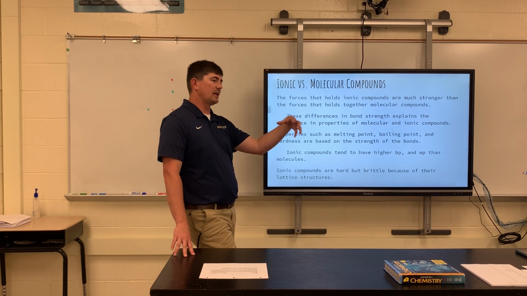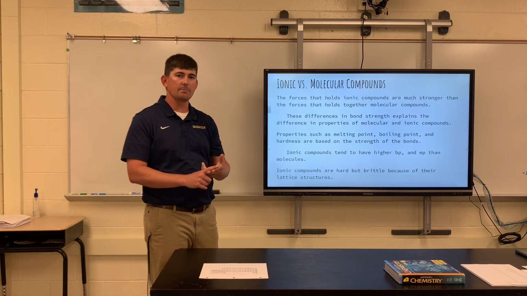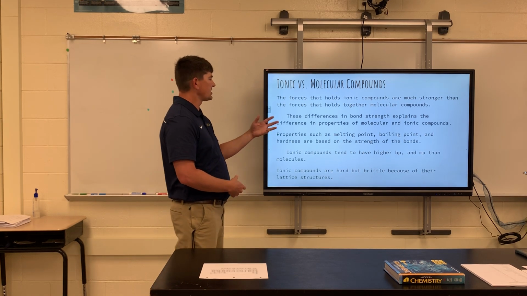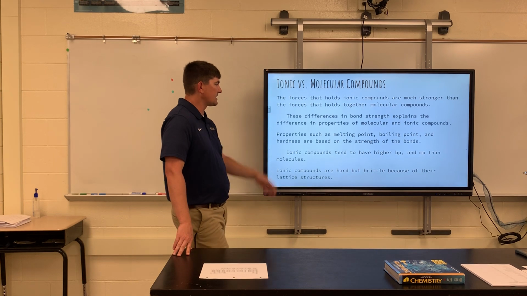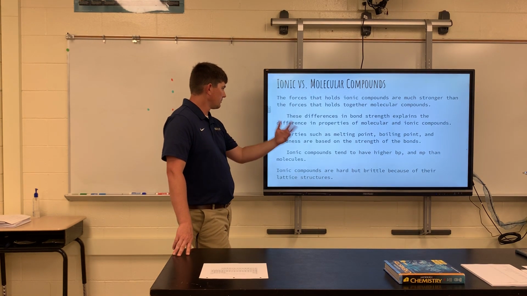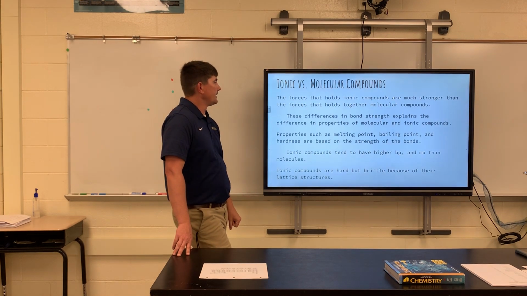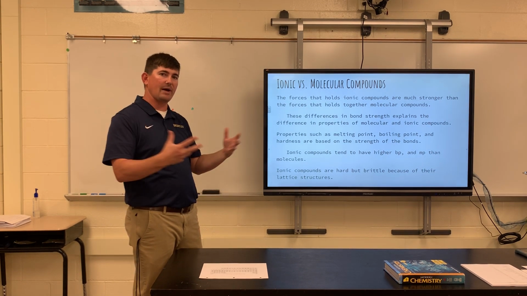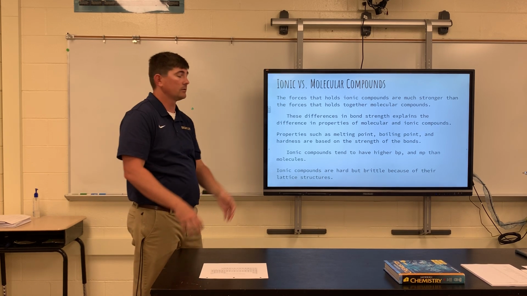So when we group it as an ionic compound, that tells us what it's made of and what kind of properties it's going to have in terms of its hardness, melting points, boiling points, things like that. Even getting into the structure of how it's bonded together. So classifying it helps us learn a little bit about it right from the get-go, knowing what group it's in.